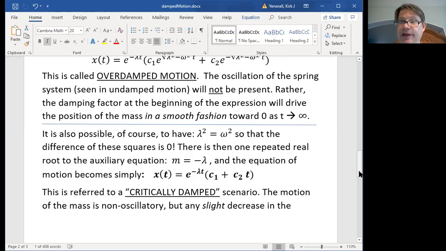In our next video, we'll take a look at a specific example of a mass spring system in motion, and we'll take a look at it in both an undamped situation, and then we'll add some damping and see what happens to it. But I hope this video has been instructive.